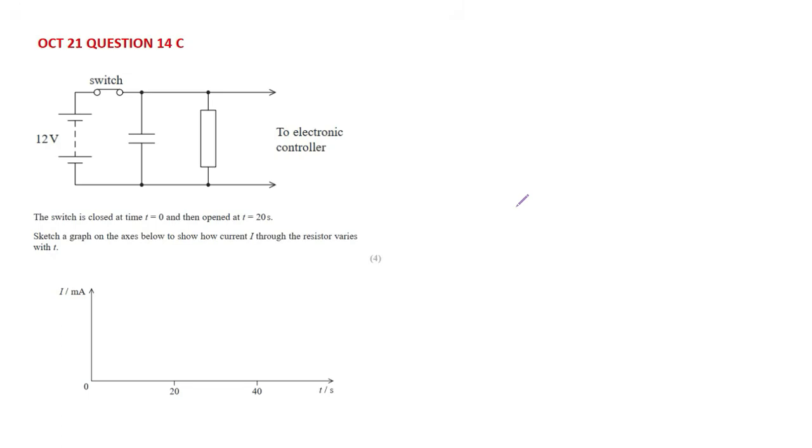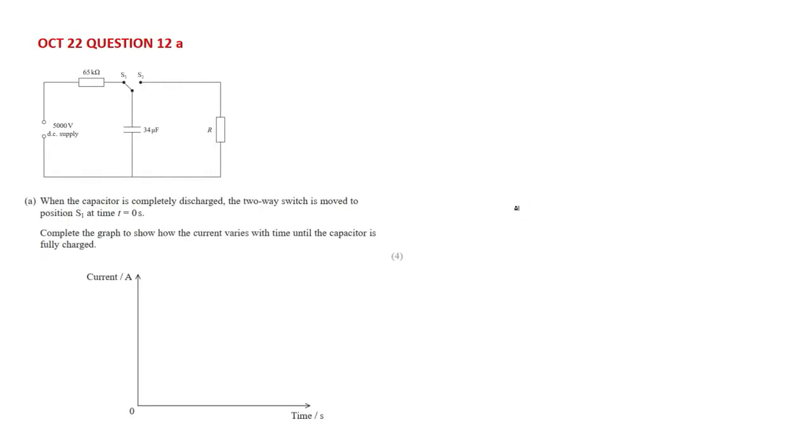So I was a bit disappointed. But then when I looked at this question, I was actually very impressed that they could figure out that this is a problematic question because it is not a standard exponential decay curve like this one. I'll come back to this question, but let's look at this one from October 22, question 12a.